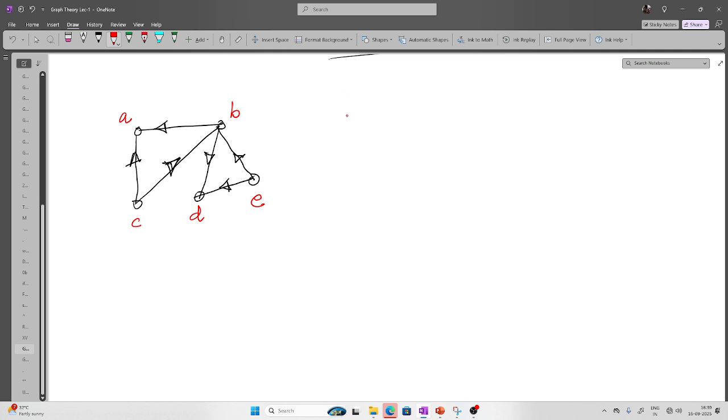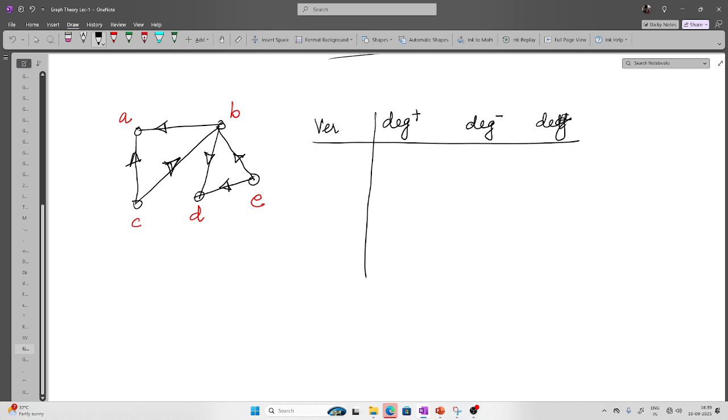So let us evaluate the degrees. So this is in degree, this is out degree and this is total degree, and then these are vertices, that is A, B, C, D, E.